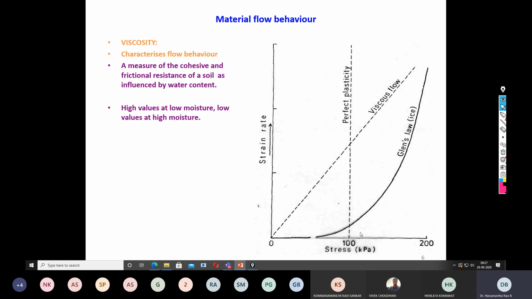This is how their stress strain graphs probably look, and depending upon viscous flow or plasticity, all the terminology comes based on viscous flow and perfect plastic.